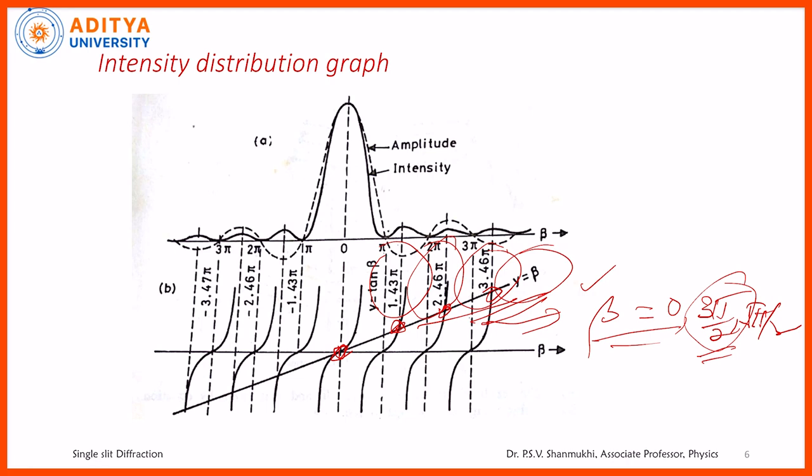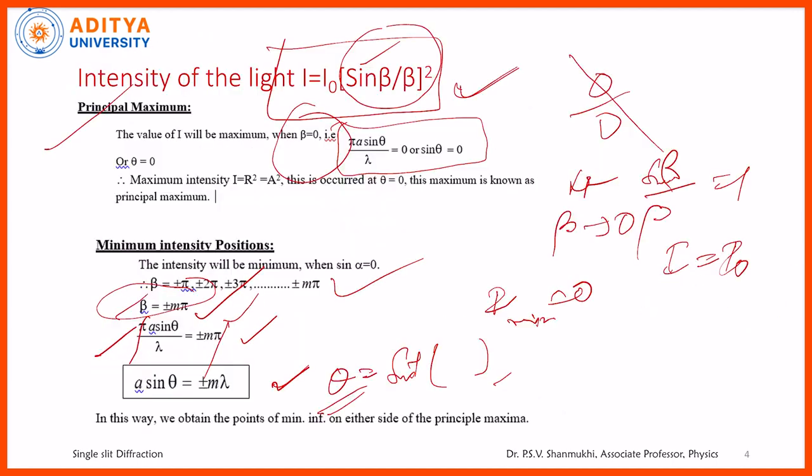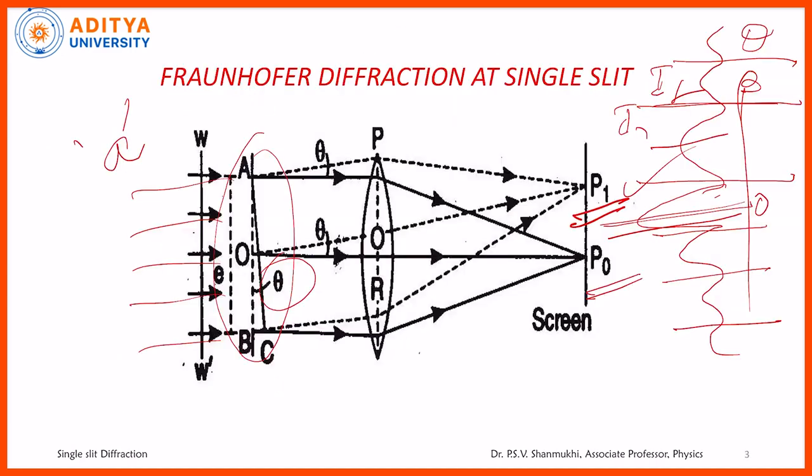Now we can plot a graph. On the y-axis you take the intensity, on the x-axis you take the beta values, you put some points and join them, and you will get a graph like this: central maximum, first order, second order, etc. This is the intensity distribution of the light on the screen. What is our initial motto?